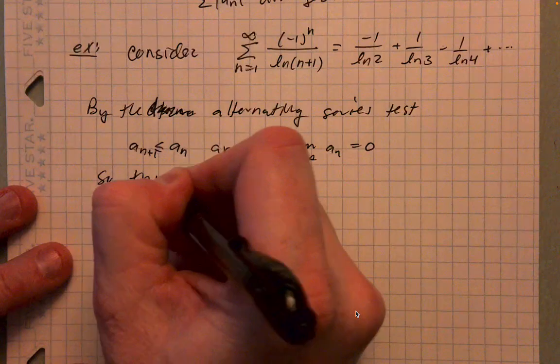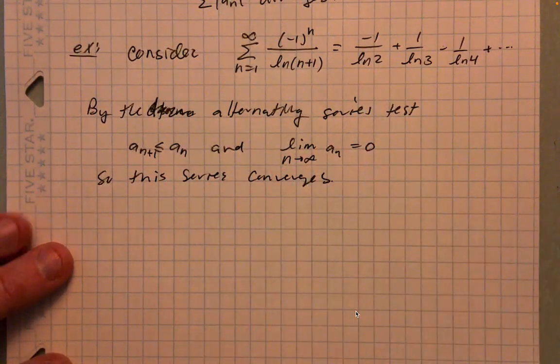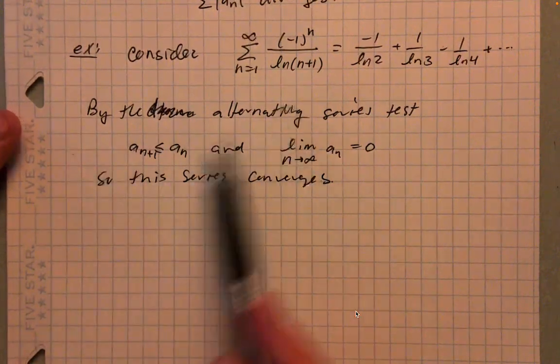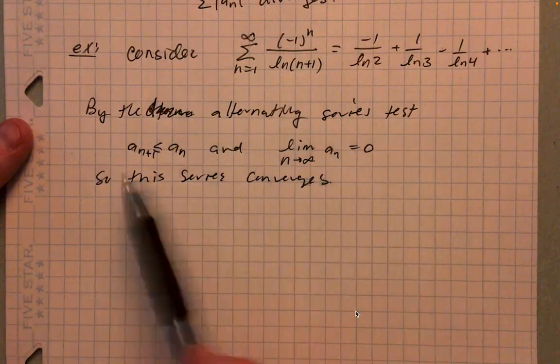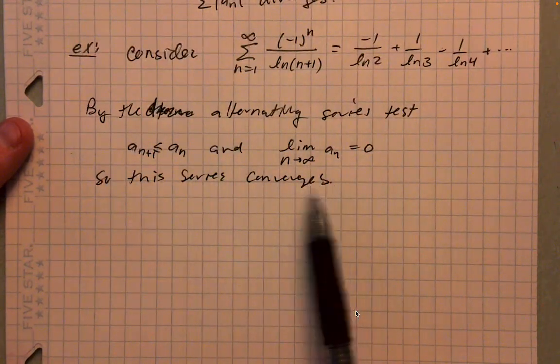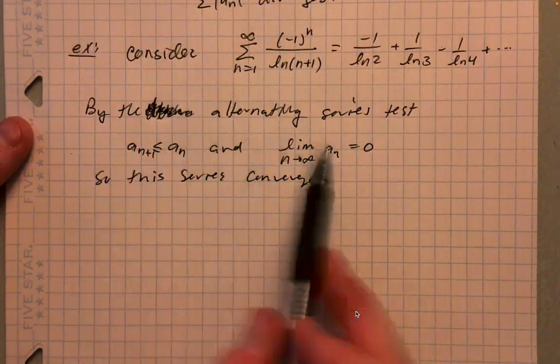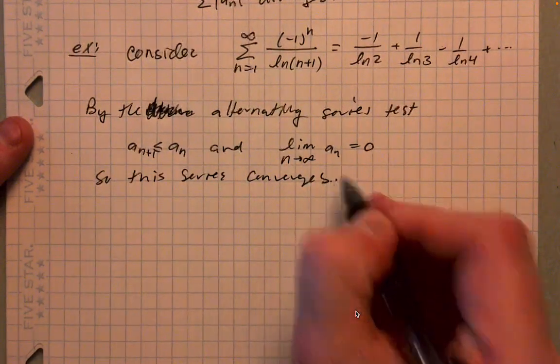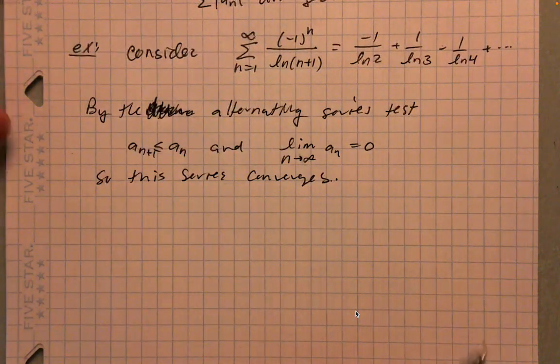So this series converges. I'm going fast here, but you could confirm these things by looking at the series. So by the alternating series test, we have these two conditions met, so the series converges.